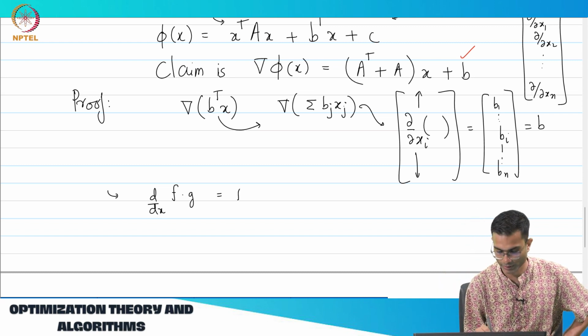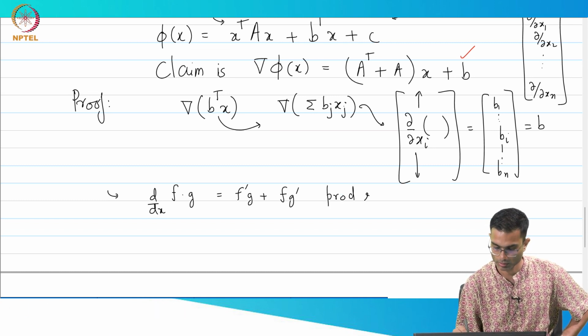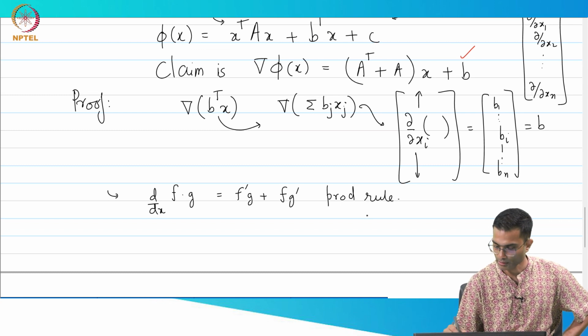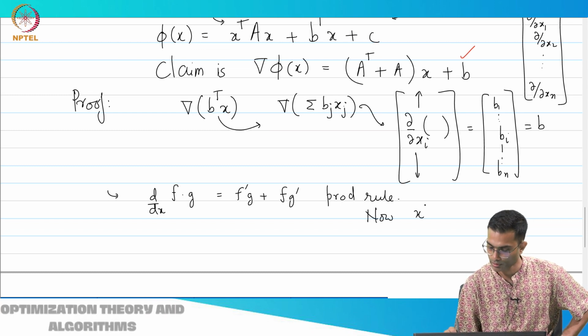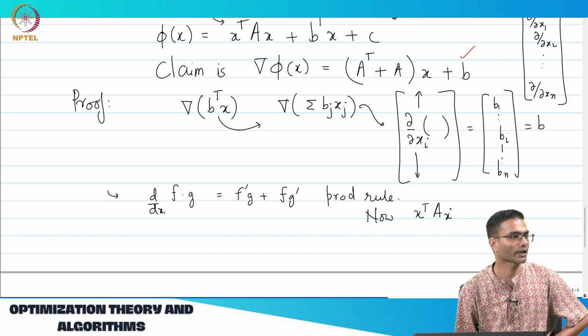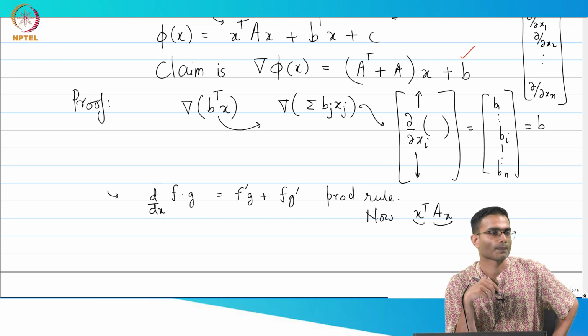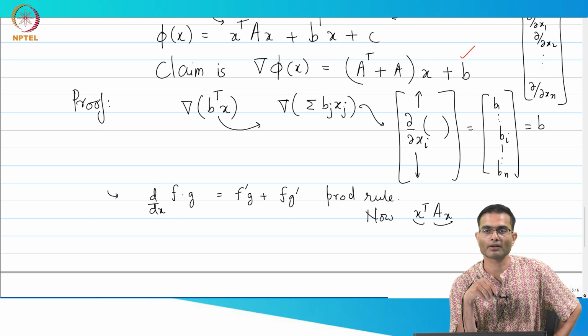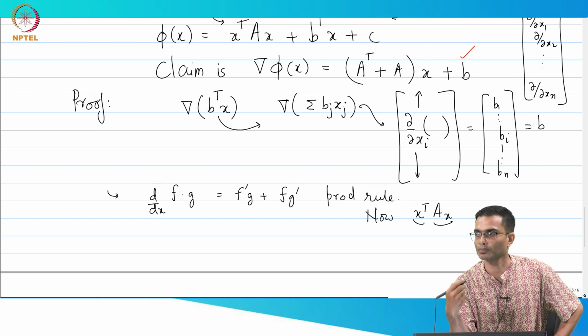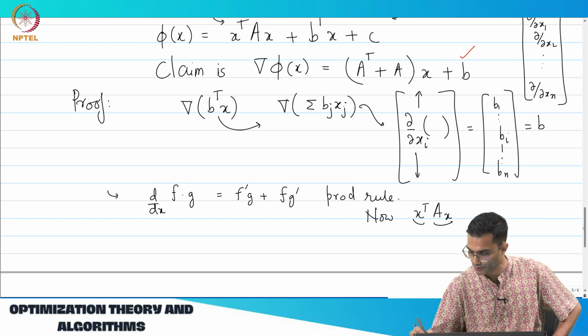So you would do f dash g plus f g dash. That was our product rule. Now what do we have? x transpose Ax. It again looks like a product rule, right? Product of two functions. However, we have not yet written the generalization of the product rule. So let's do that, and then this will be a piece of cake.